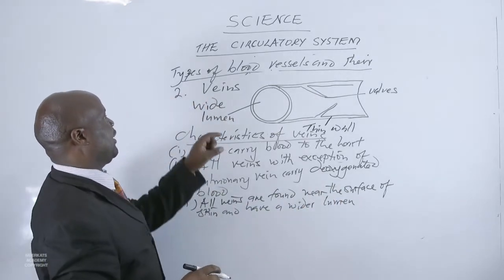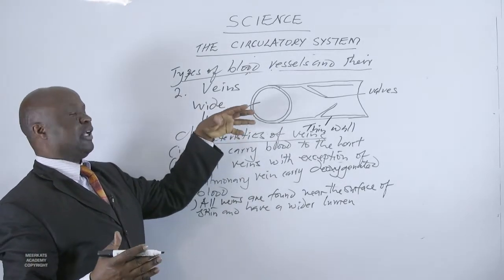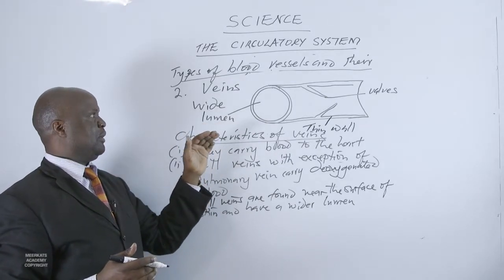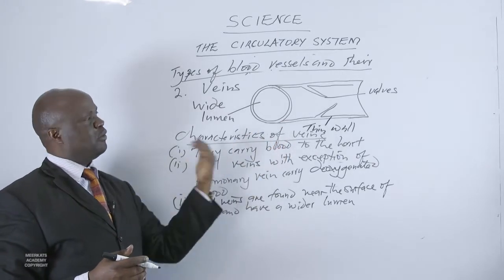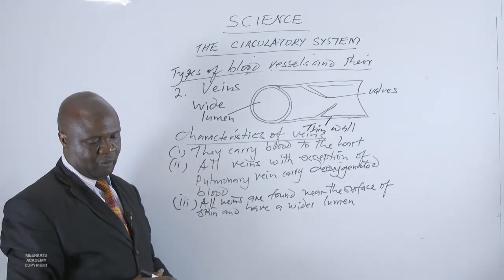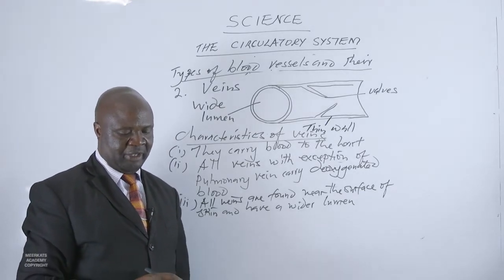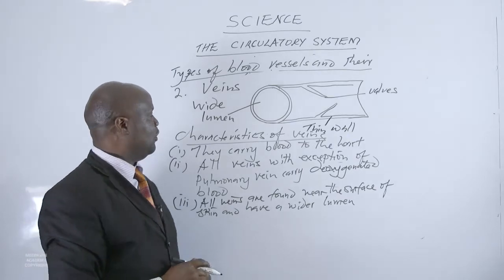When we say they have a wider lumen, we can see this wider lumen from this figure, and we have said that the pressure within the veins is very low. They have valves to prevent blood from flowing backwards. And we say blood flows in the veins slowly and smoothly because of low pressure.